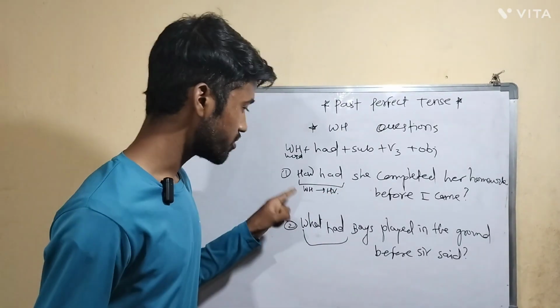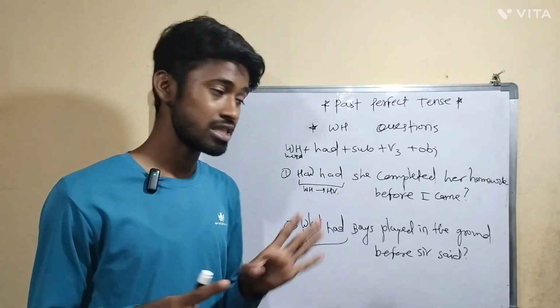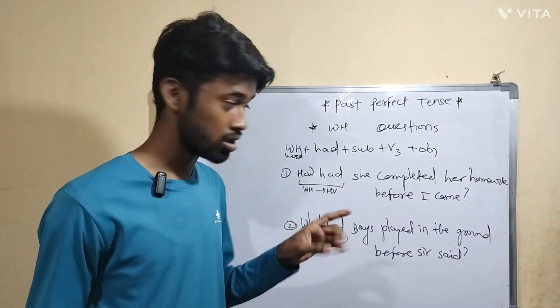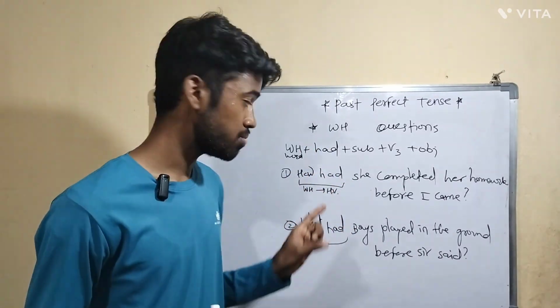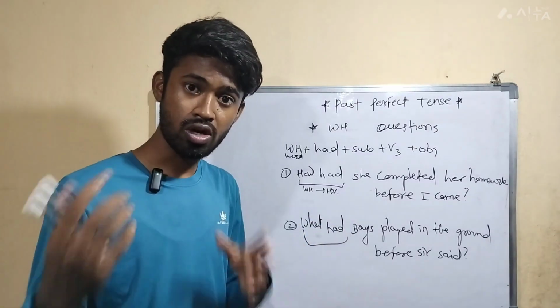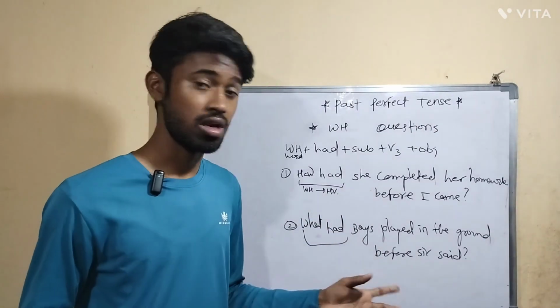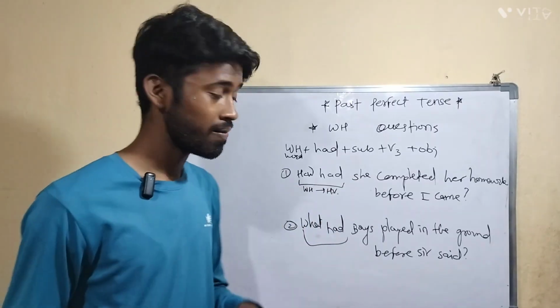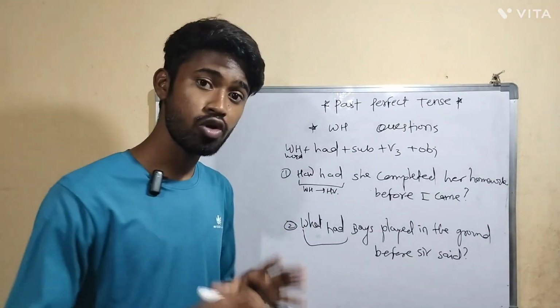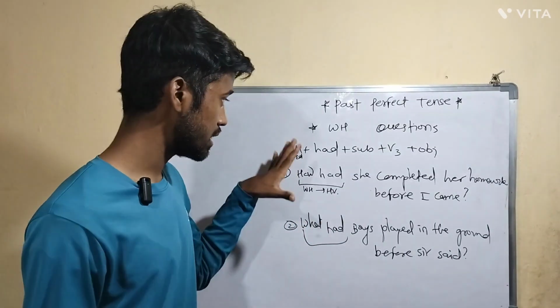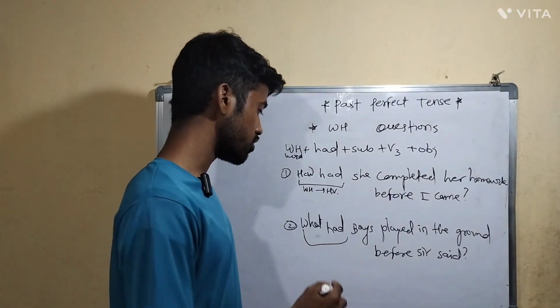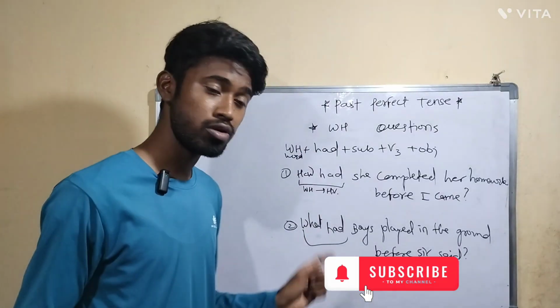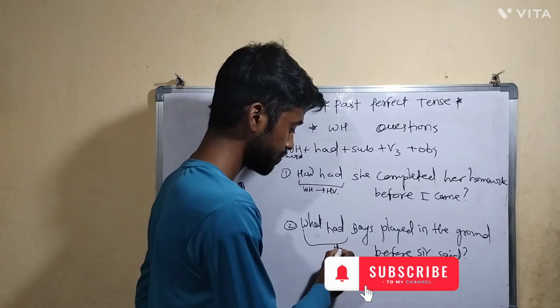After a WH word in any question, it is always followed by a helping verb. If it is not a question, we will see in conjunctions how we can use these WH words as conjunctions. But whenever you are framing a question using these WH words, make sure a helping verb is there after them.